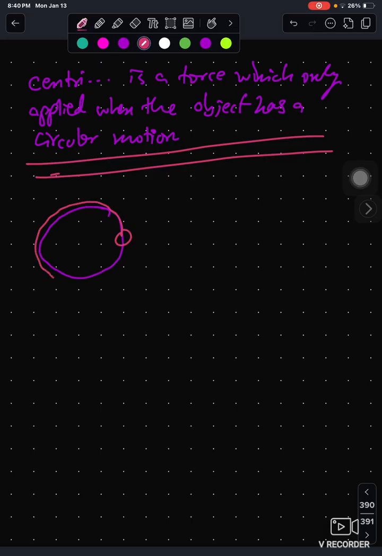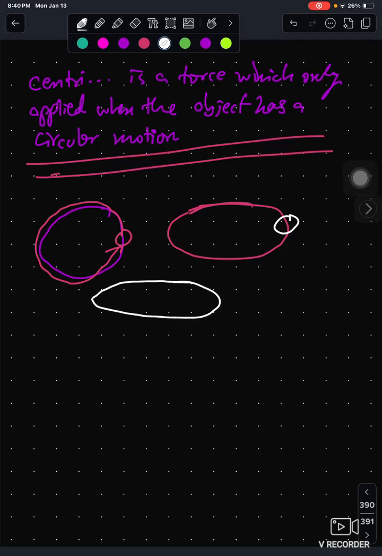If it goes around the circle, it will return back to the same point. That's a circular motion. Even this could be a circular motion, because even though it's not a perfect circle, it's still a circular motion. The perfection of the circle reduces, but that doesn't make it not a circular motion.